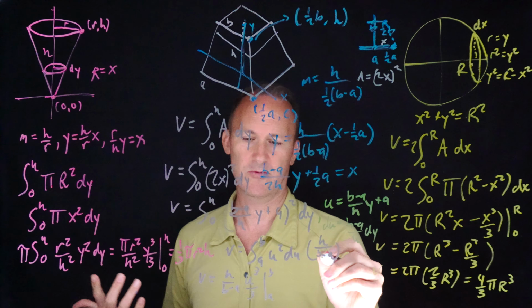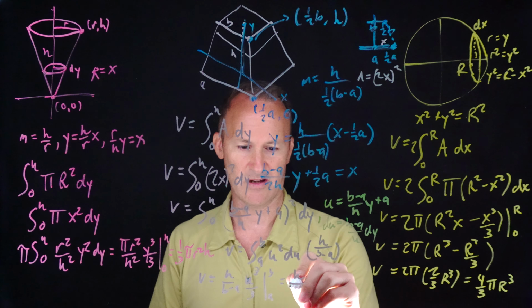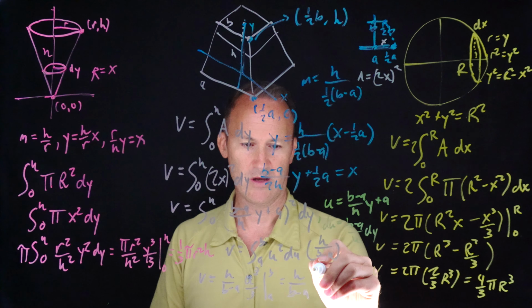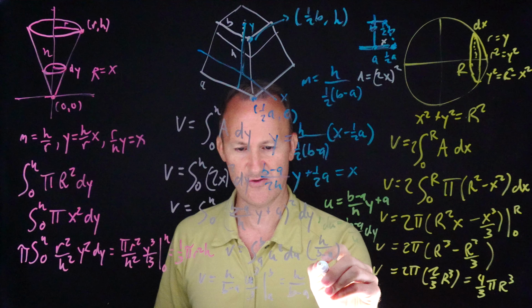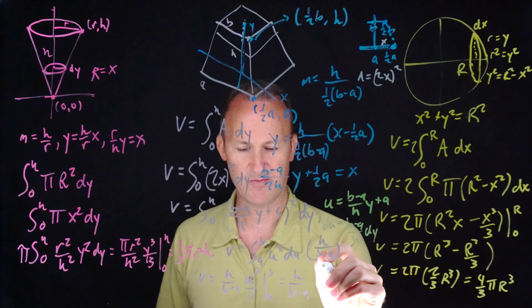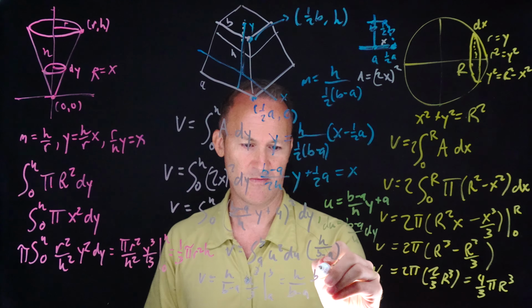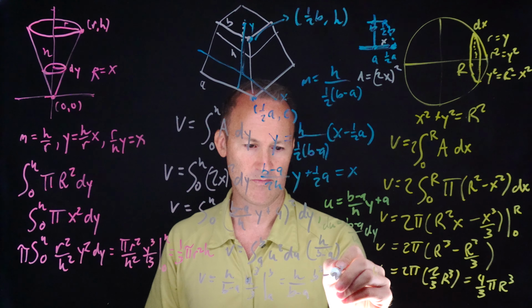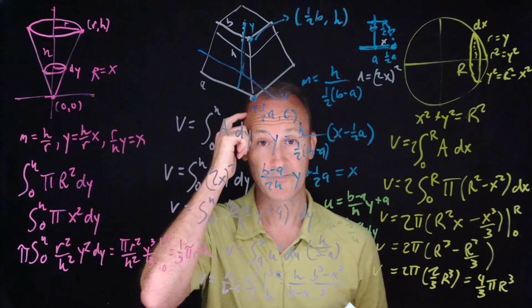Now what do we get? Okay, so I've got the h over b minus a, and then I've got b cubed over 3. It's b cubed minus a cubed all over 3. Okay?